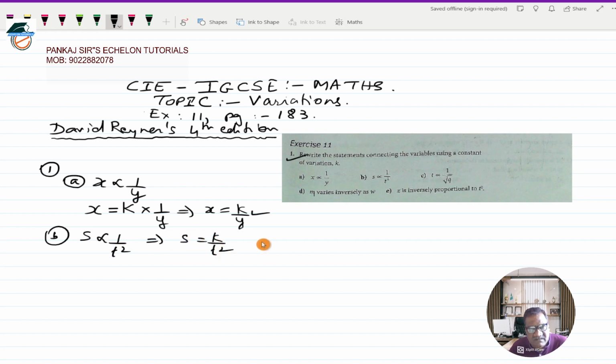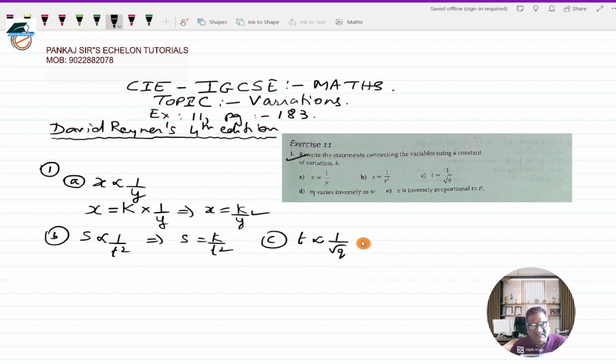C, the question is t is inversely proportional to root q. It is written as t proportionality sign 1 upon root q, and you have to read it as t is inversely proportional to root q.